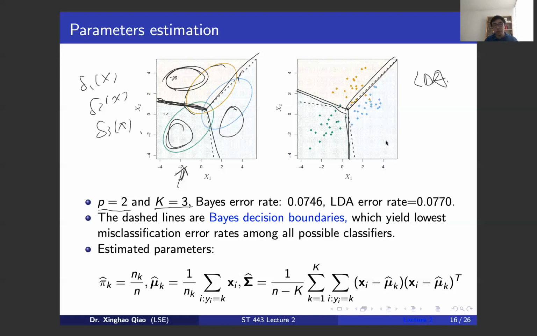And this is reasonable because the Bayesian error rate is the minimum error rate you can achieve. And these error rates are quite similar. That's also reasonable because we know the data are generated from the multivariate normal distribution.